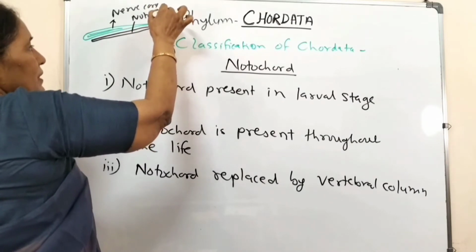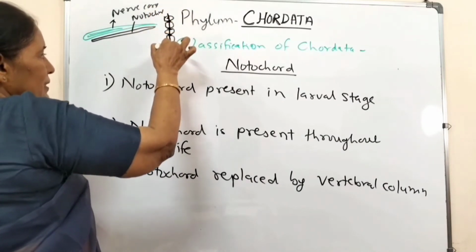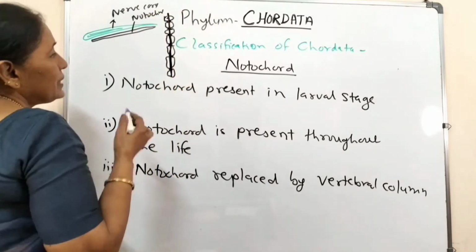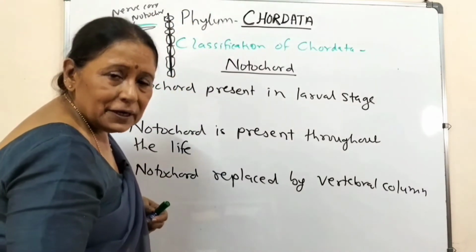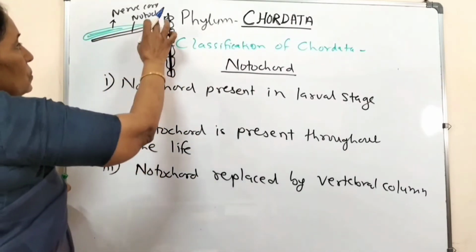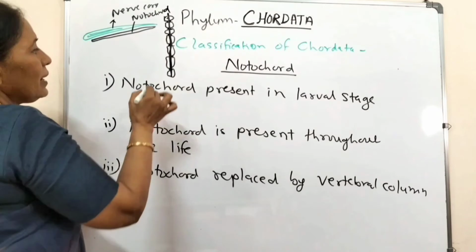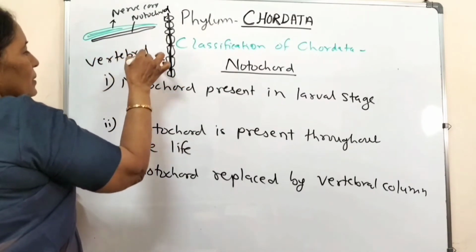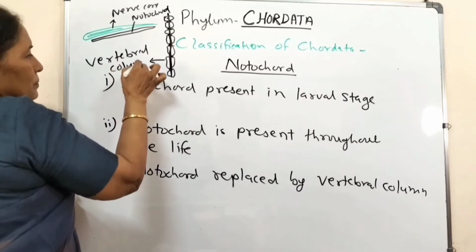Through the center of this cavity passes the spinal cord, so that it can protect the spinal cord. Fine. So this notochord is replaced by a vertebral column.